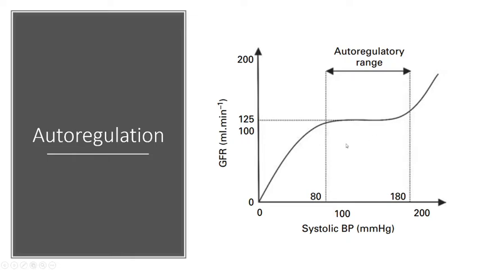Now, if this was a linear line and there was no autoregulation, what would happen? So the problem, if GFR was to rise and fall with your systolic blood pressure or mean pressure, is that the excretion of your solids and your water will swing so much and so often.